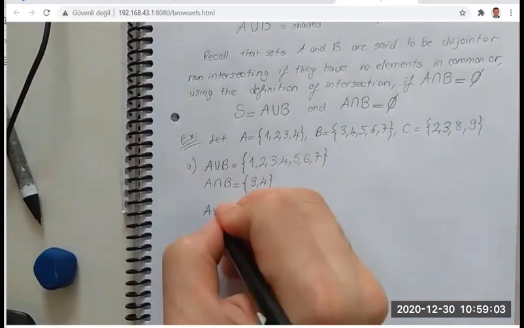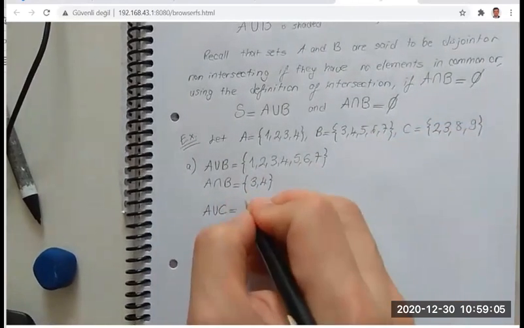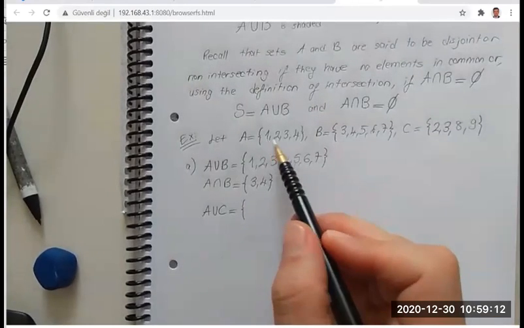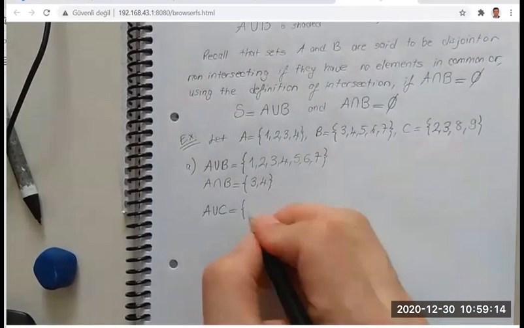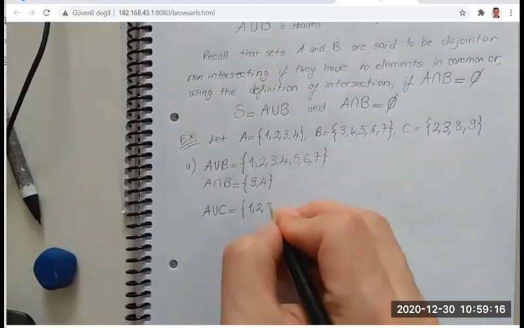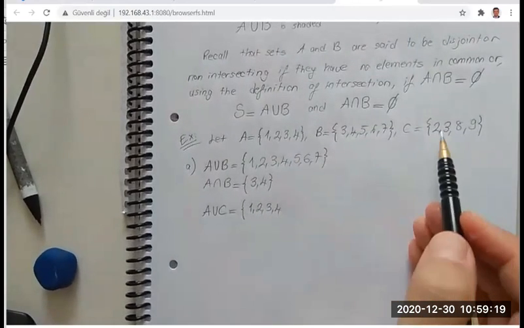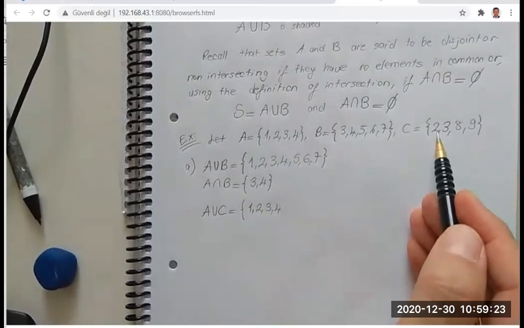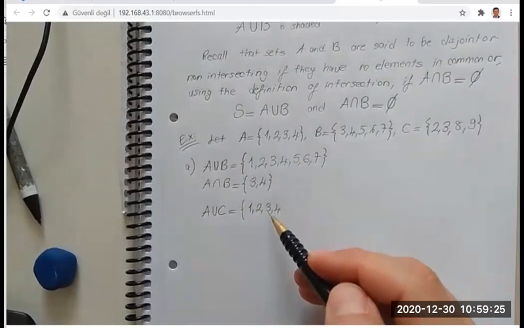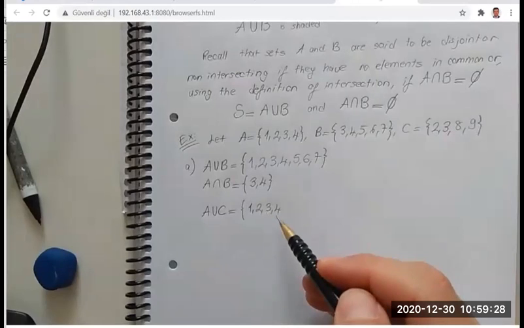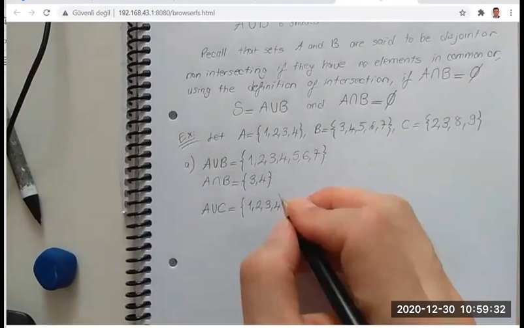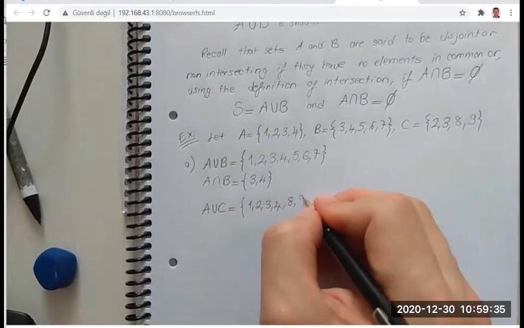A union C: 1, 2, 3, and 4 as a union. I'm sorry, 2 and 3 are already written here, and 4, 8, and 9.